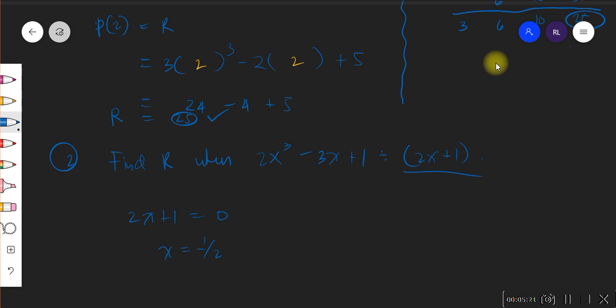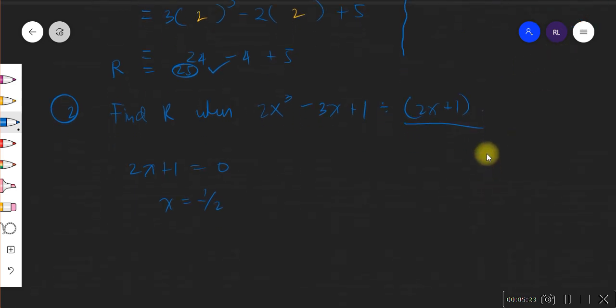So our remainder is just p of negative 1 half. Substituting negative 1 half for x, you get 2 times negative 1 half cubed minus 3 times negative 1 half plus 1.